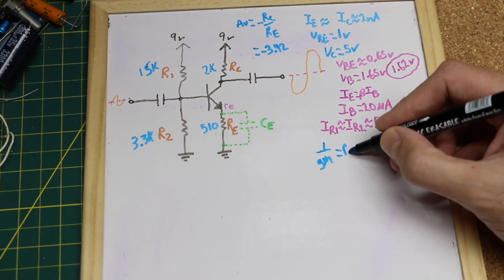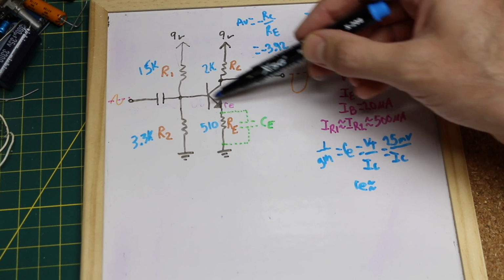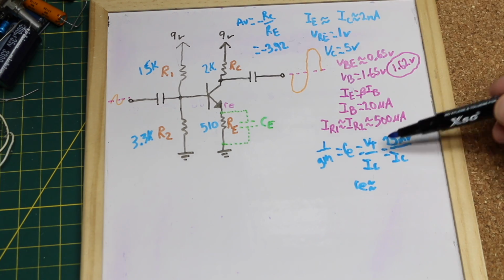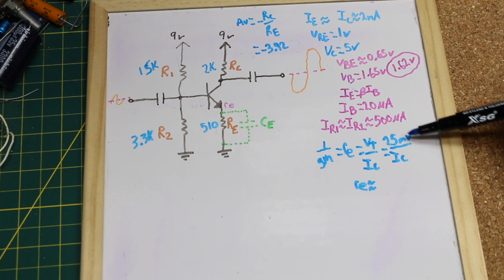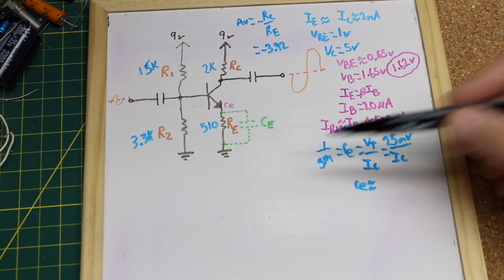So this is related to transconductance, and once all the equations are simplified, this effective emitter resistance is equal to thermal voltage, which is around 25 or 26 millivolts at room temperature, divided by collector current, which is 2 milliamps.